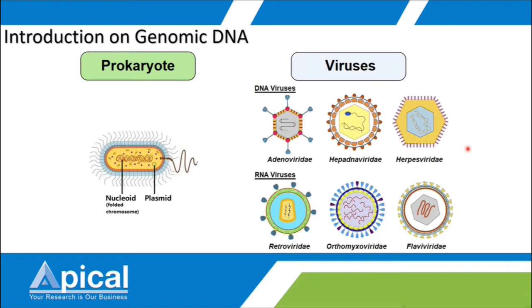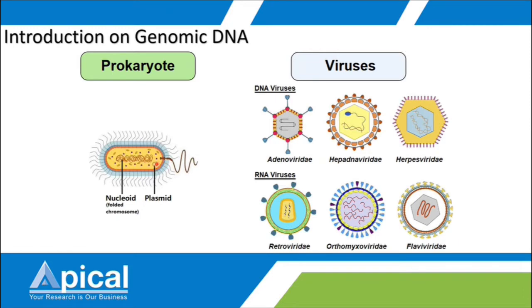In prokaryotes, the genomic DNA is composed of either single or double-stranded DNA in circular form. Some bacteria also carry a smaller extra chromosomal DNA called plasmid, which is a circular double-stranded DNA.